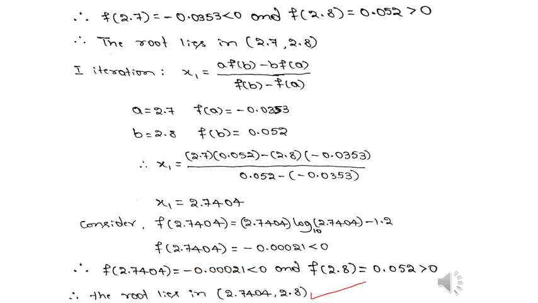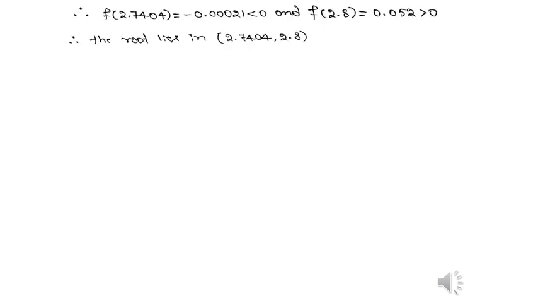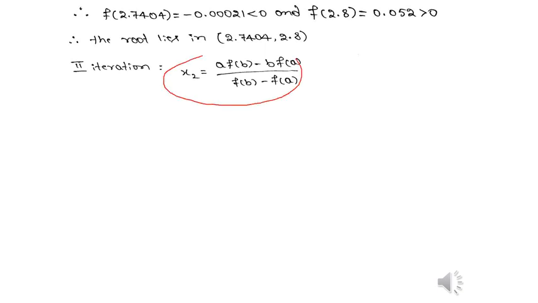Again we apply the Regula-Falsi method once again, taking this as a and this as b. So in the second iteration we are going to find value of x2. A is this, b is this. Where is f of a? Here. Where is f of b? Here. Substitute and simplify.